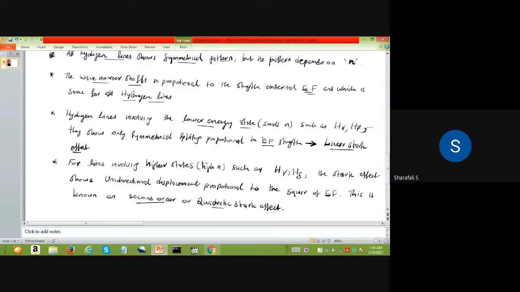In the first case, the displacement of spectral lines is proportional to the electric field strength.